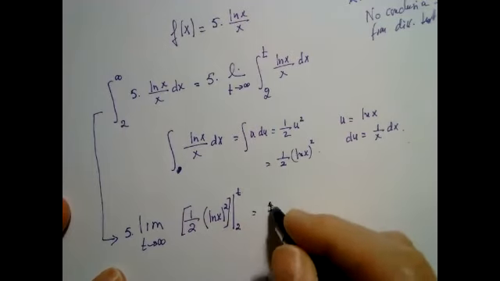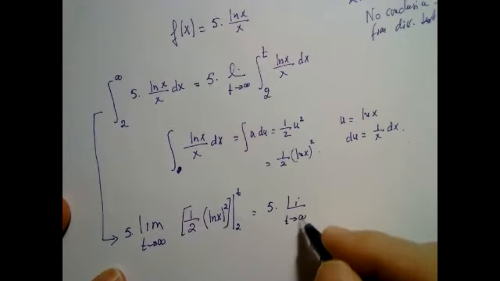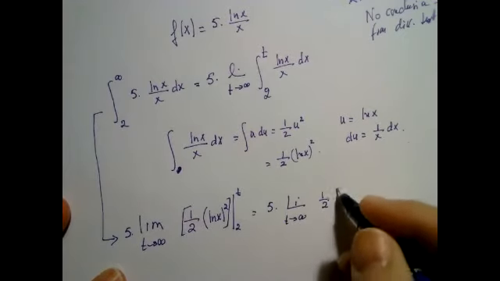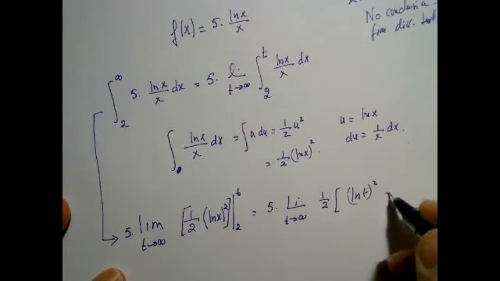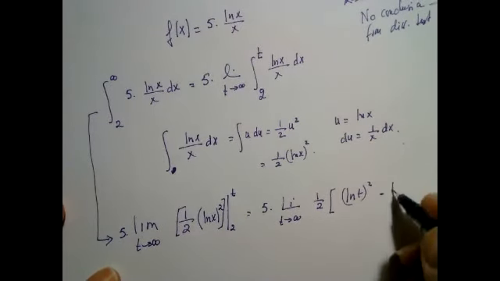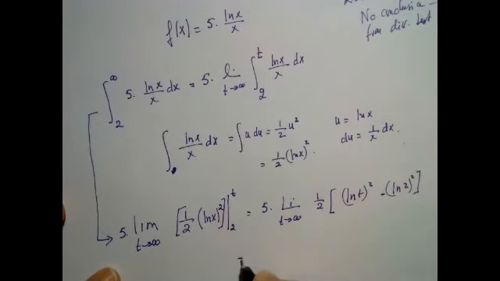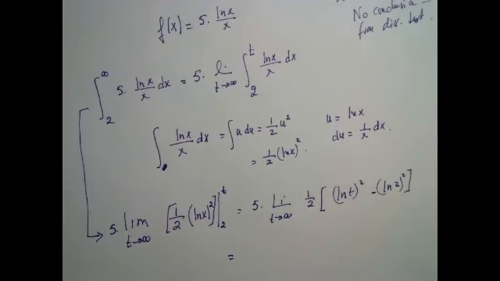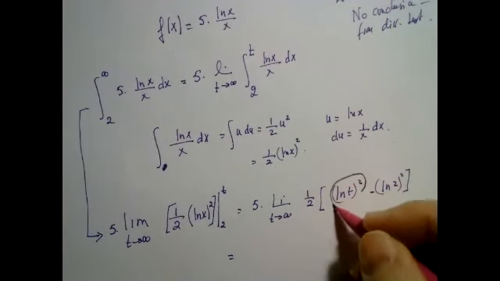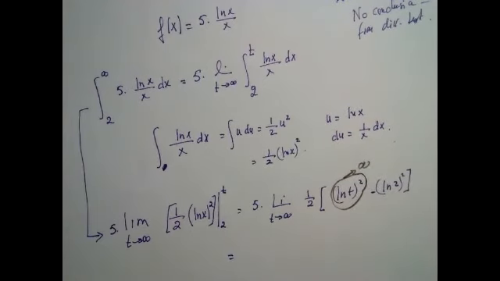So that's 5 times the limit as t goes to infinity of, I can basically factor out the 1/2, I will have the ln of t squared minus the ln of 2 squared. Now, when t goes to infinity, the ln of t, this term right here, definitely goes to infinity, and this whole thing blows up.